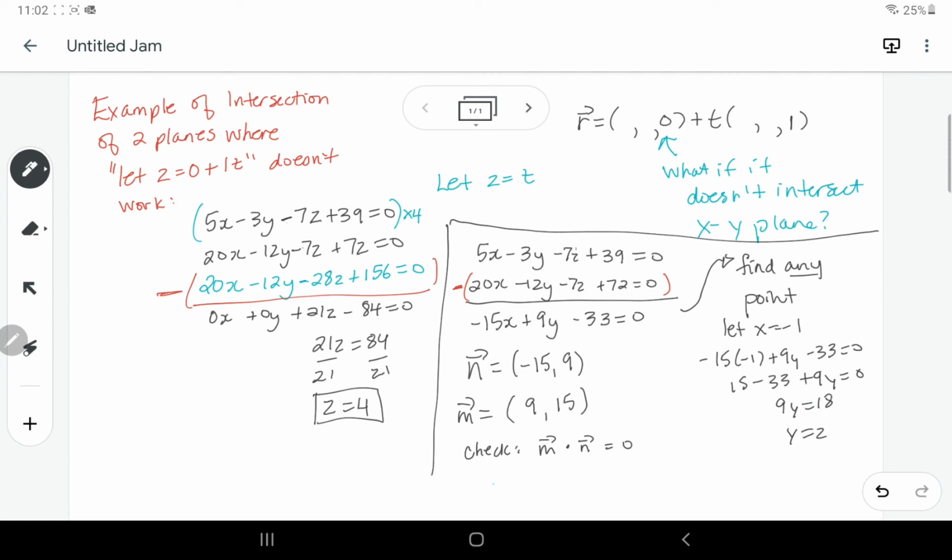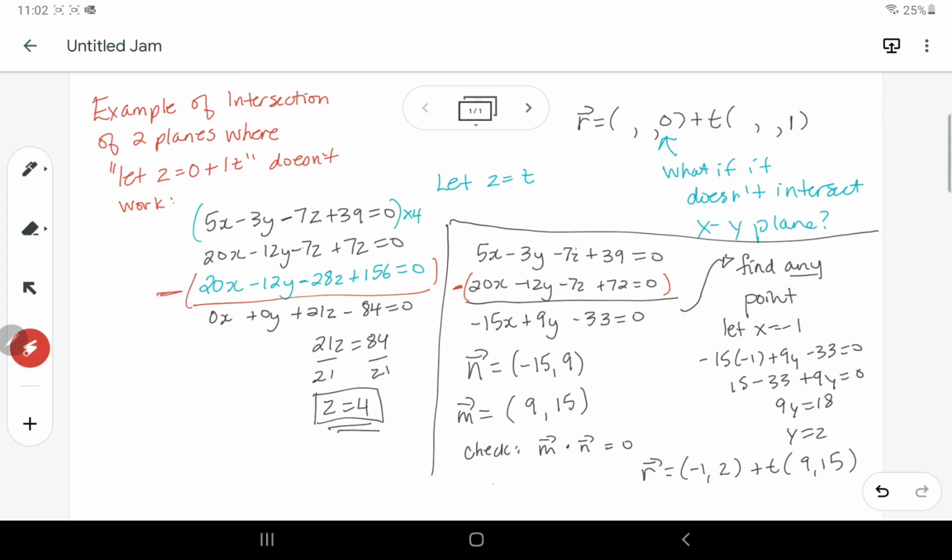So the line here in R2 would have the position vector negative 1, 2, plus t times the direction vector of 9 and 15. But we know that we actually have this in R3, and that z has a constant value of 4.